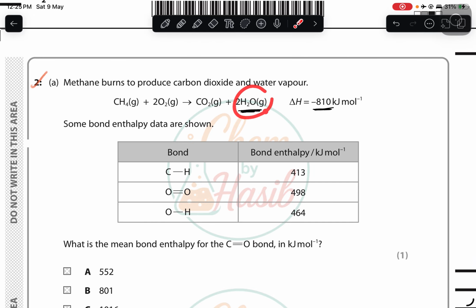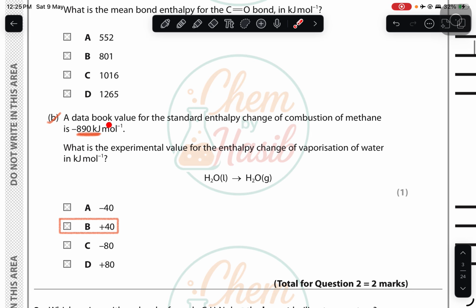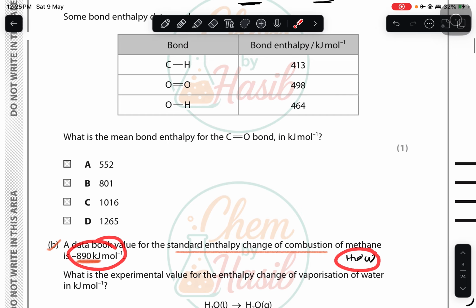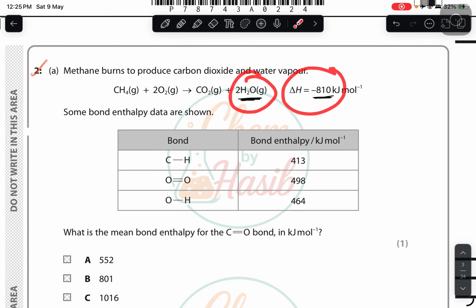When water is formed in the gaseous state, the delta H is minus 810. When you are dealing with standard enthalpy change of combustion, water is considered to be in the liquid state, right? So when water is formed in the liquid state, the enthalpy change is minus 890. When water is formed in the gaseous state, the energy change is minus 810, right?